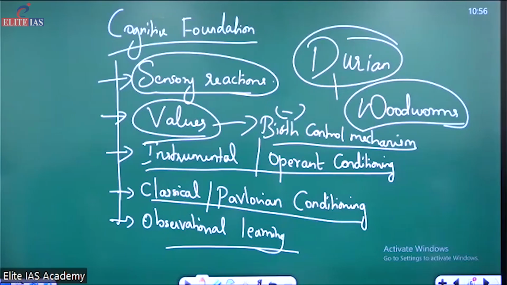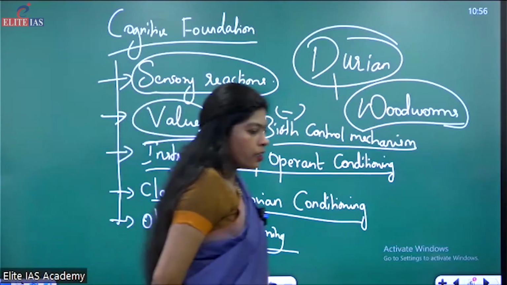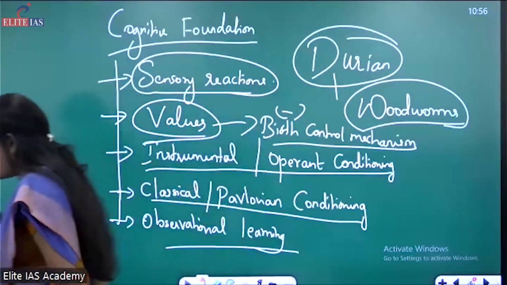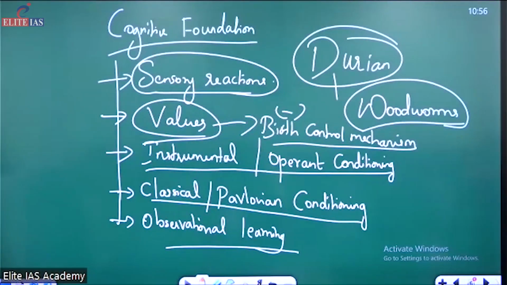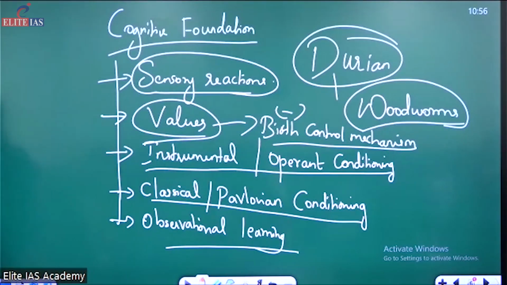And attitudes are largely influenced by the values which we have acquired within us. This acquired means, through which way you are acquiring the values. We have already seen that.